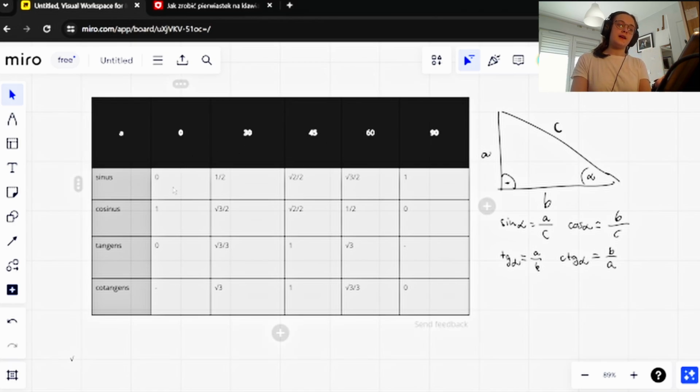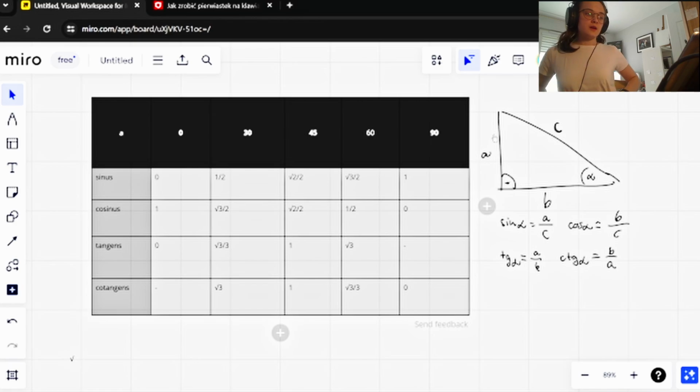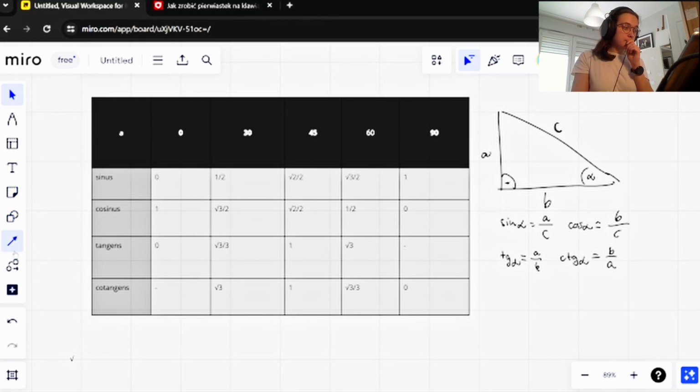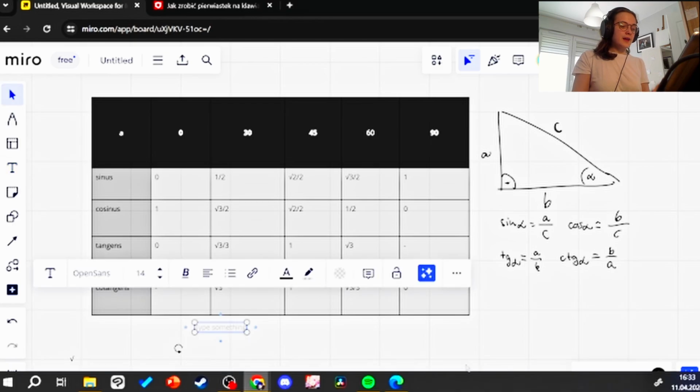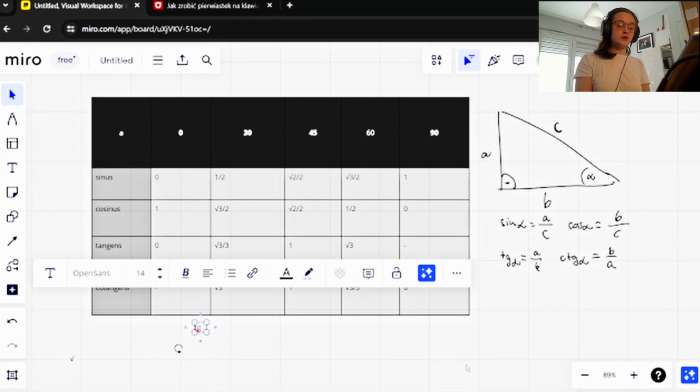When sinus has 0, cosinus has it at 90, and if you go that way, you'll have the same order. The same goes for tangens and cotangens. So you literally only need to remember two of them, and that's it. By the way, in that table, tangens is also undefined.